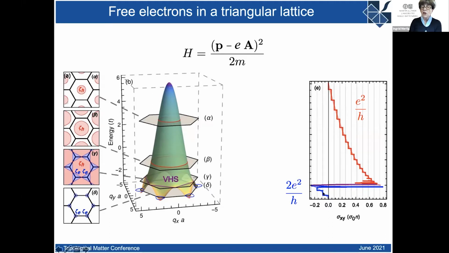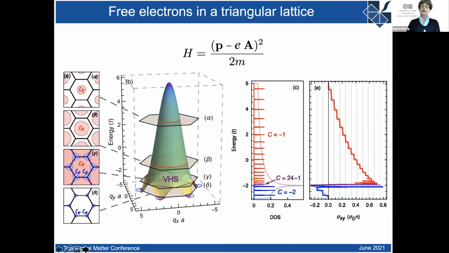And only in this region, the steps are 2e² over h. Now we calculated the Chern number, and you see that the steps that we observe correspond to the Chern numbers in the system. So first step, Chern number -1. Then the second Landau level comes in and the Chern number accumulates to -2. And these are the steps. Here, for the lower energy bands, the Chern number is -2, and this is related to the fact that we have two orbits per unit cell.